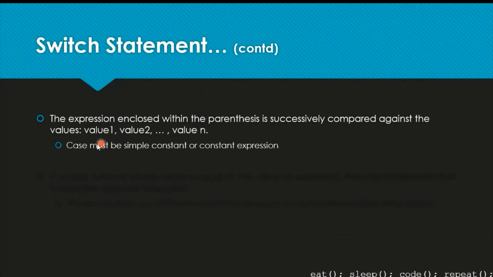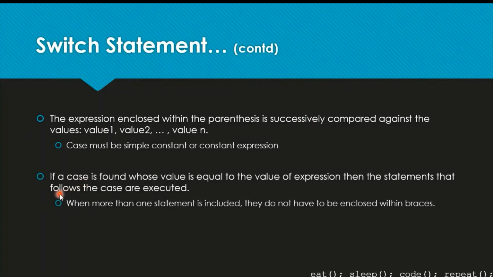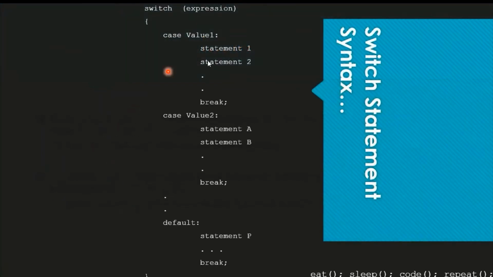We have an expression included within the parentheses and it is successively compared against the values. If a case is found whose value is equal to the value of the expression, then the statements that follow are executed. One thing you can notice in this syntax is that there is more than one line of code, not only one, though it is not inside curly braces.